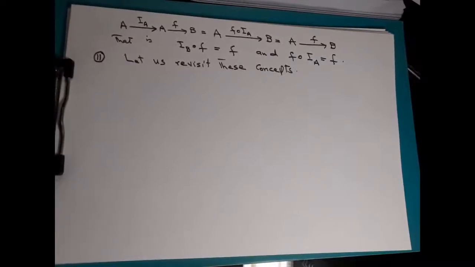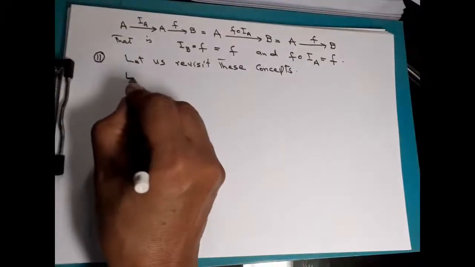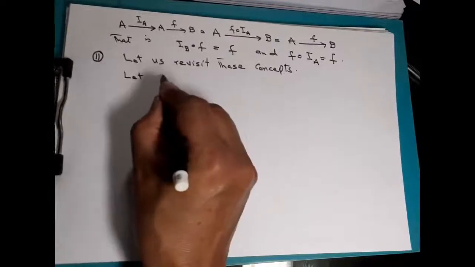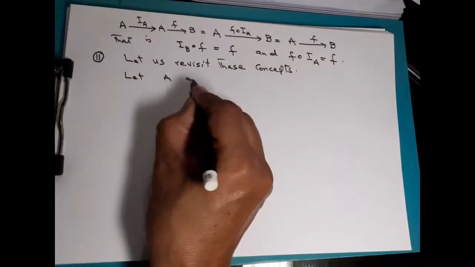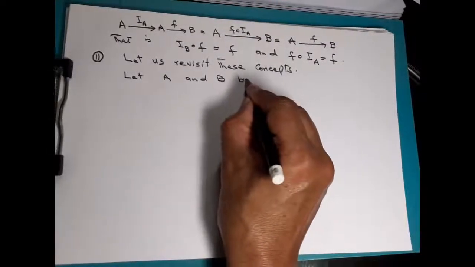So what we have to devise is a notation. In fact, let me explain it. Let A and B be two sets.